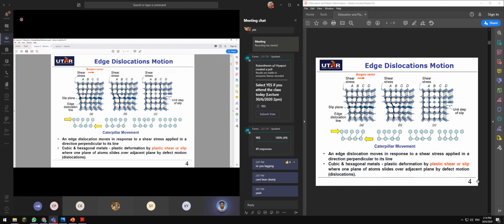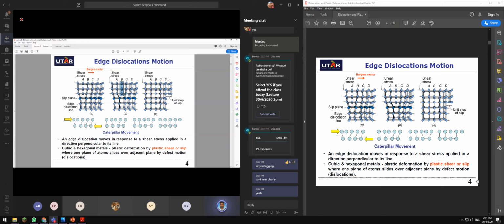You have your crystallographic lattice structure here. After a huge amount of stress, this plane moves from here to here, and finally you get what is called plastic deformation.